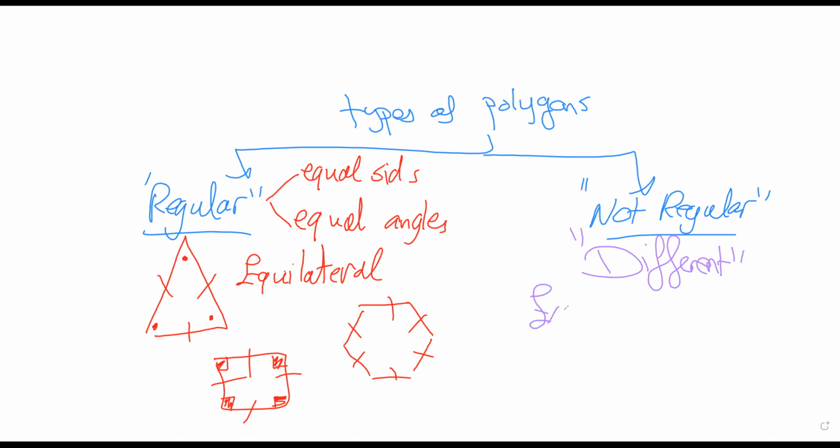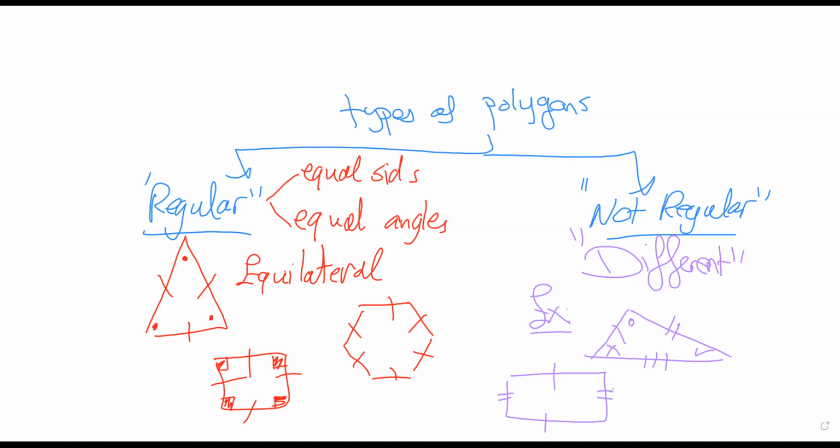For example, a scalene triangle. A scalene triangle is a triangle that has three different sides. Of course, since it has three different sides, the angles are different. Also a rectangle. You might say, Miss, but in a rectangle all the angles are equal. Okay, all the angles are equal, but the sides are not equal.